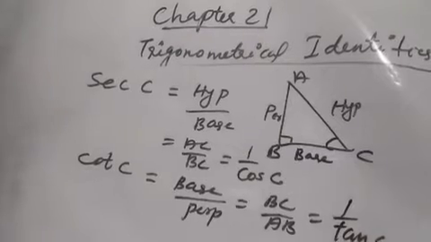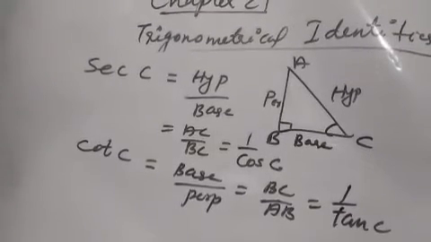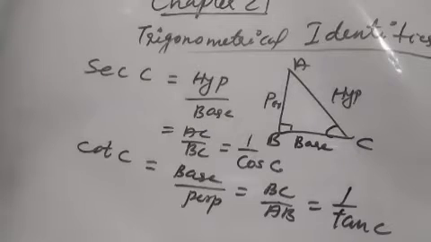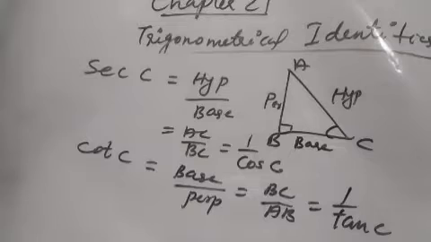Okay, these basics you have learned in standard 9. Hope you remember all this. And now the relation between different trigonometrical ratios, reciprocal ratios that we just discussed. Sine is the reciprocal of cosec.